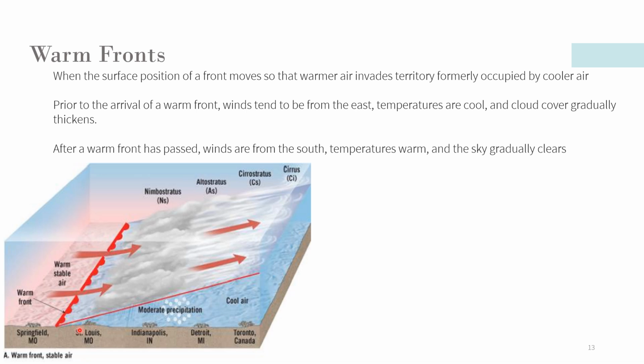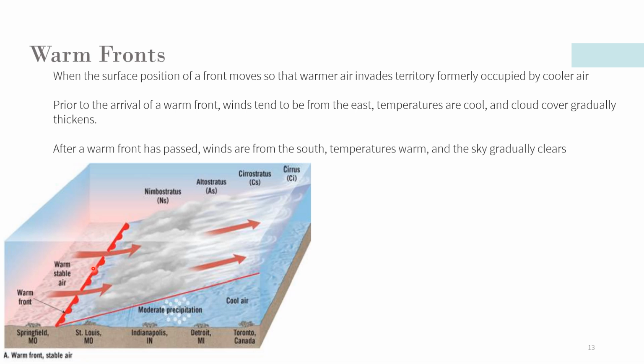During winter and early spring, warm fronts produce light to moderate precipitation, often consisting of snow, sleet, and rain over a wide area. We've already seen what snow, sleet, and rain are.